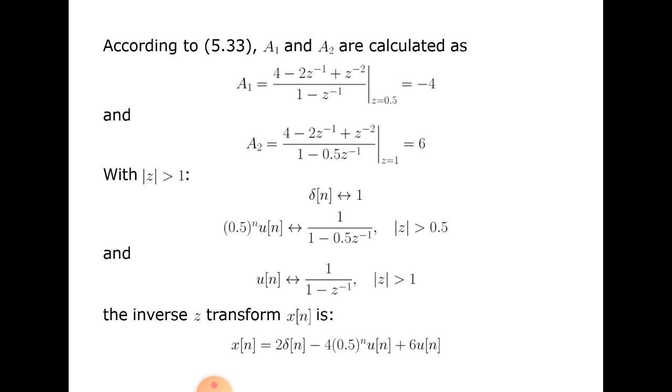With modulus of z greater than 1, 0.5^n u of n corresponds to 1 divided by (1 − 0.5z^(−1)) for modulus of z greater than 0.5, and u of n to 1 divided by (1 − z^(−1)) for modulus of z greater than 1. So the inverse z transform, using linearity, gives x of n = 2 δ of n − 4 × 0.5^n u of n + 6 u of n.